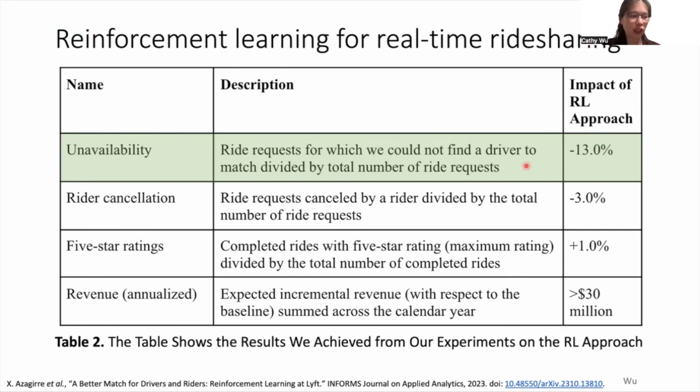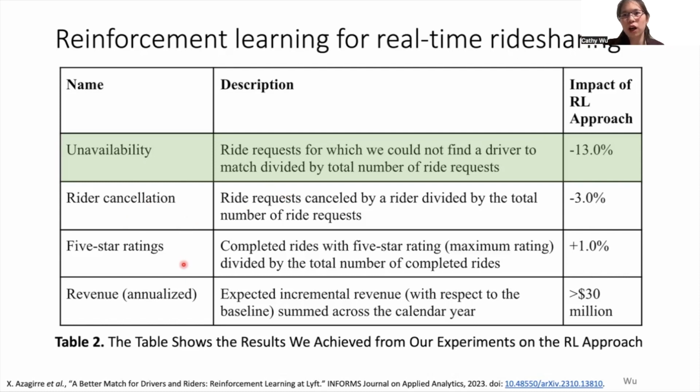One might argue that unavailability is close to the worst experience that a rider could experience, so from that metric, it's quite good. There are other metrics that they looked at in terms of rider cancellation, 5-star ratings, revenue, and so on.